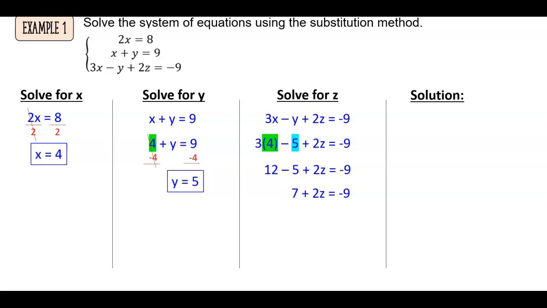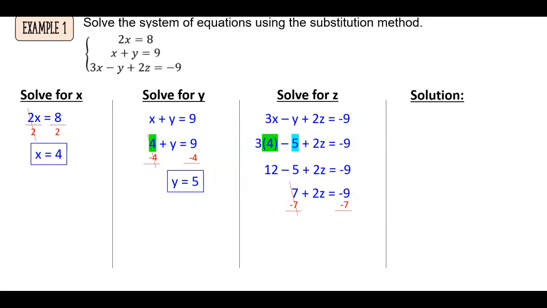So before the 2z, we have a loner 7. How do I get rid of a plus 7, positive 7? Minus 7 on both sides. Negative 9 minus 7 is, what's negative 9 minus 7? 3, 2, 1. Negative 16. Very good. All right.